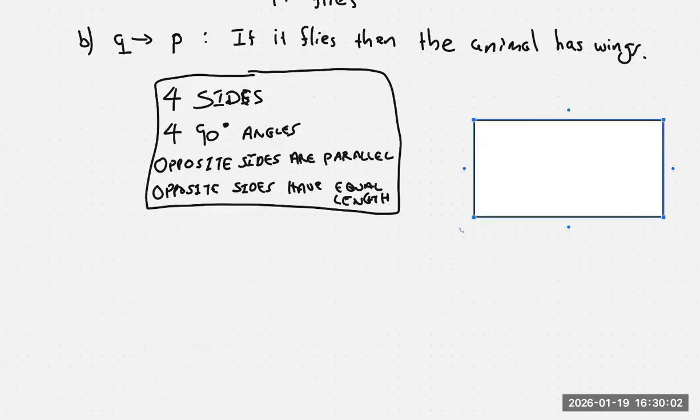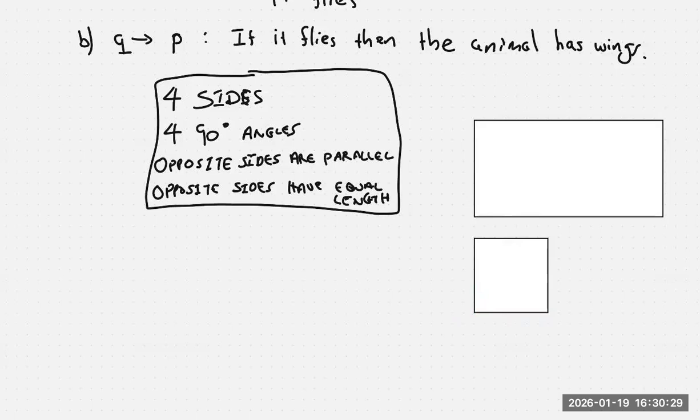And then let me see if I can draw a square. 1, 2, 3, 4, 5, 6, 7. 1, 2, 3, 4, 5, 6, 7. So right here, we have a square. So you see the square has equal length on all sides. So all squares are rectangles, but not all rectangles are squares.